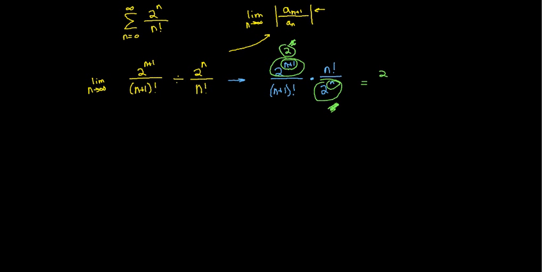Now the factorial, something similar is going to happen there. To think of a factorial, you've got 6 times 5 times 4 times 3 times 2 times 1. For n plus 1, and for n it would just be 5 times 4 times 3 times 2. This would all cancel out with this.